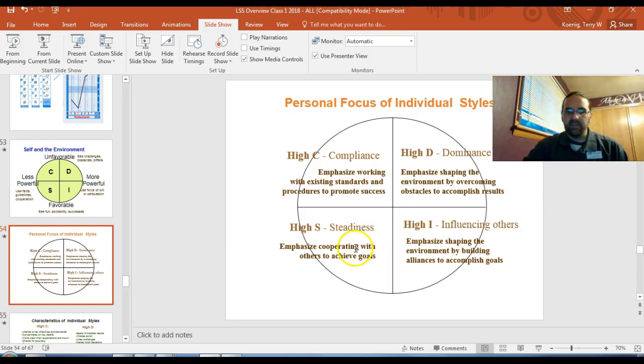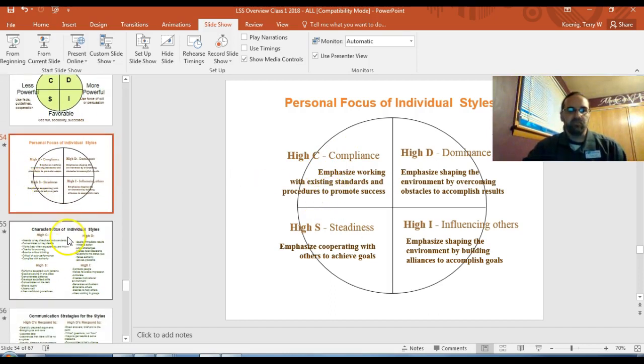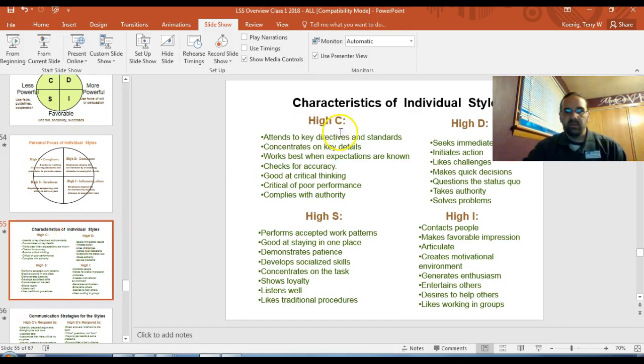Some compliance, influence. So DISC is dominance, influencing others, steadiness, compliance. Where do you fall? High C, high D, high S, high I. Sometimes it might not be high, you might be in between some.